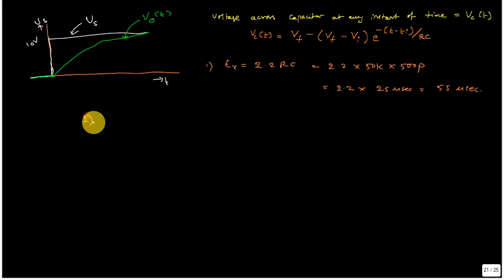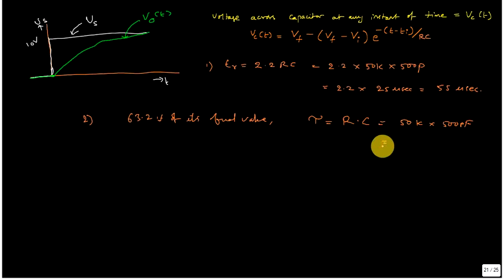Second one, the time required to reach 63.2% of its final value. We need not calculate anything for this, because by the definition of time constant, tau, the time constant for an RC circuit is R into C. That means R is 50K and C is 500 picofarads.